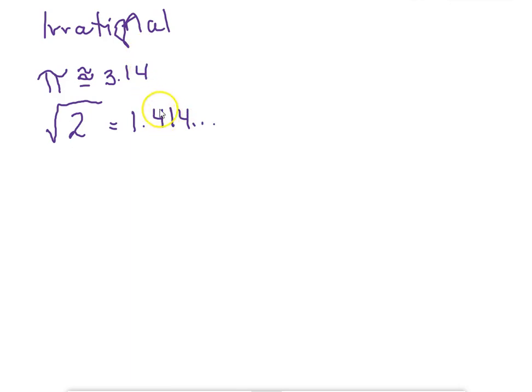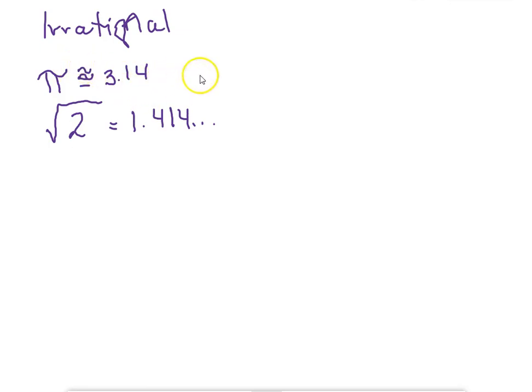It looks like there is a pattern, but there's not actually, so I would need to go out another couple decimal places. Because there's no repeating pattern to work with, we are not able to write it completely as a fraction.